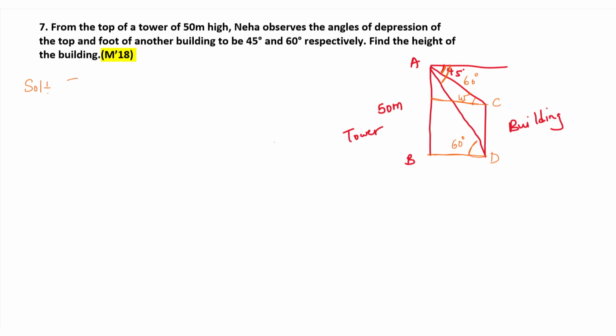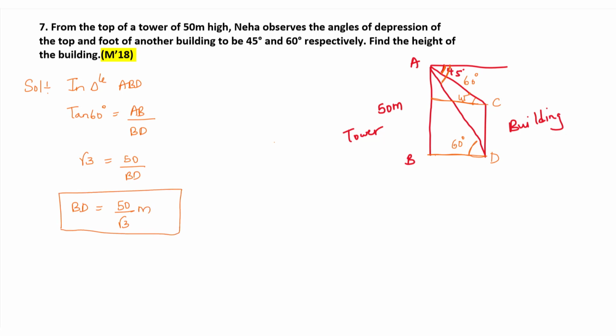Solution: in triangle ABD, tan 60 is opposite by adjacent, that is AB by BD. What is the tan 60 value? Root 3, and AB is 50, whereas BD we don't know. Therefore, BD is equal to 50 by root 3 meters. This is our equation 1.